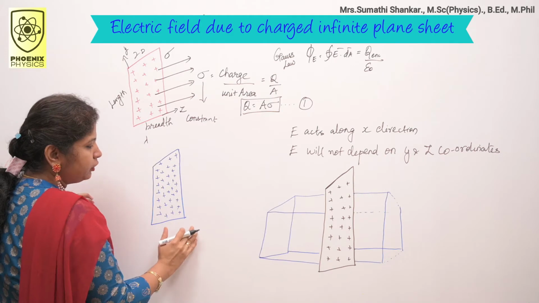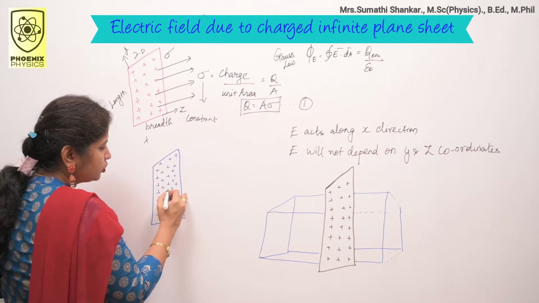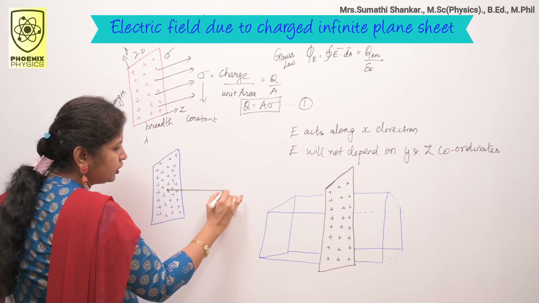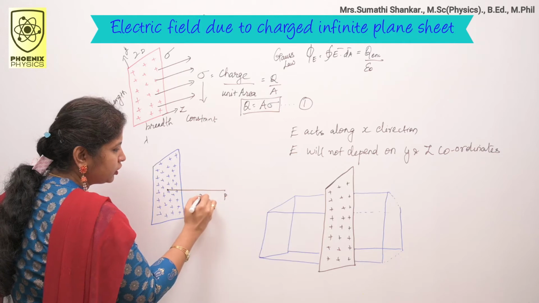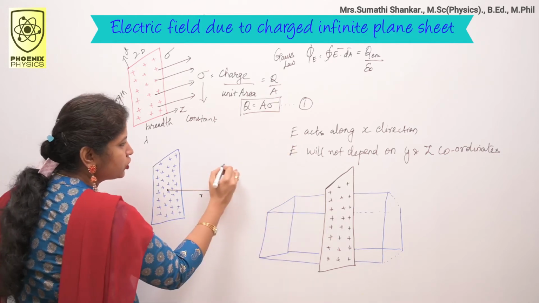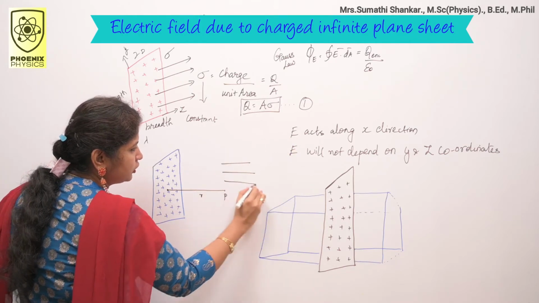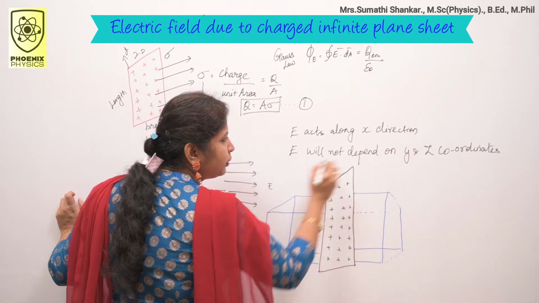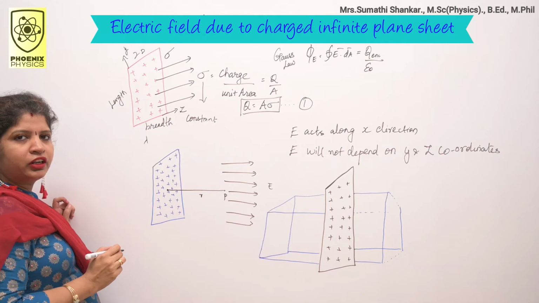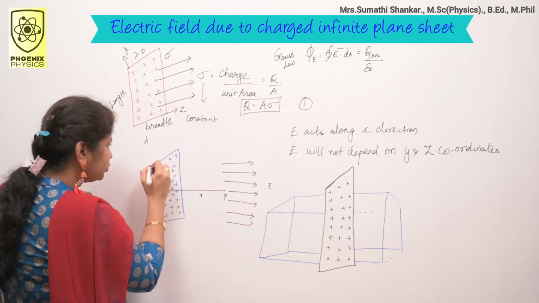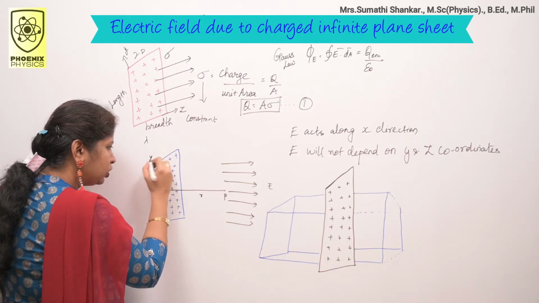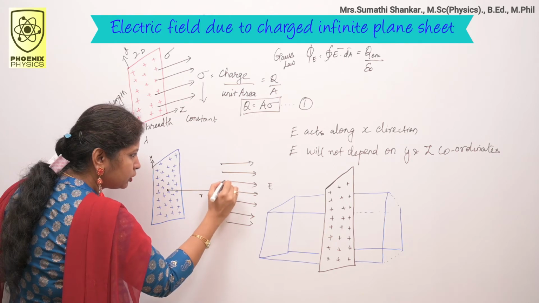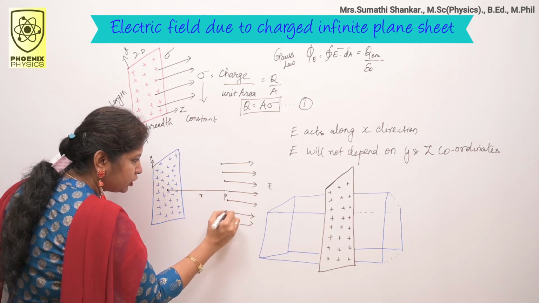This is an infinitely charged sheet. From the center, this is my P point. You know that E acts along the x direction. E will not depend on y and z coordinate. Which is my y coordinate? This is my y coordinate, so this distance is nothing but the y coordinate.